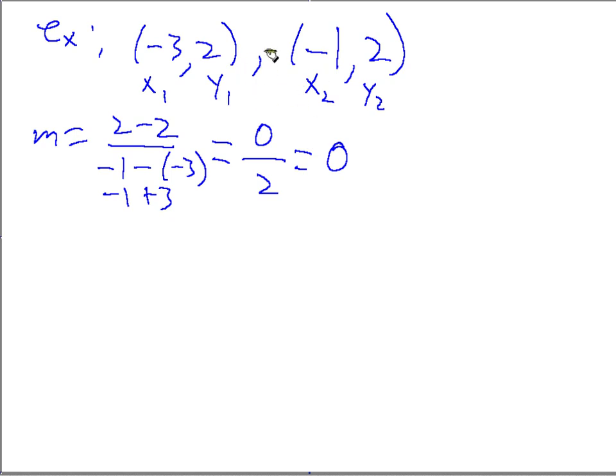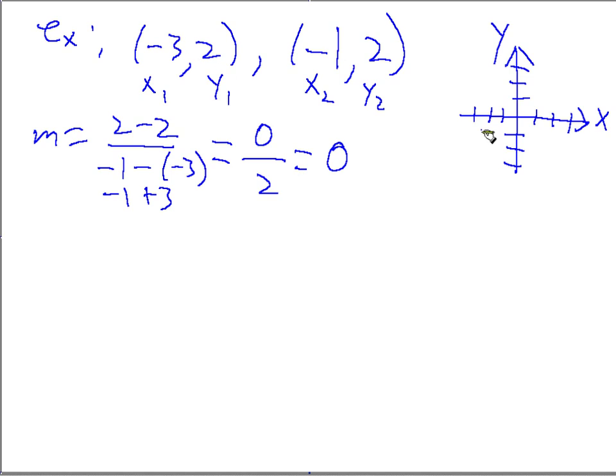Let me give you a graph of these 2 points and connect them and see what the line looks like. Let me plot these 2 points in the grid and connect them. Okay, so here's y, and here's x. All right. So 1, 2, 3, 1, 2, 3, 1, 2, 3, 1, 2, and 3. Okay. So let's plot the first point.